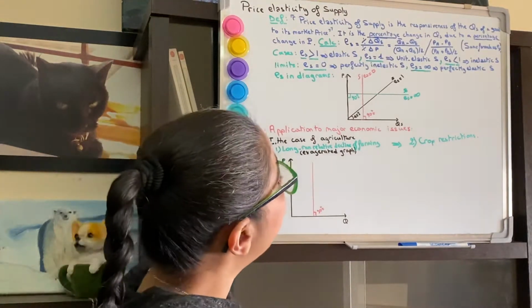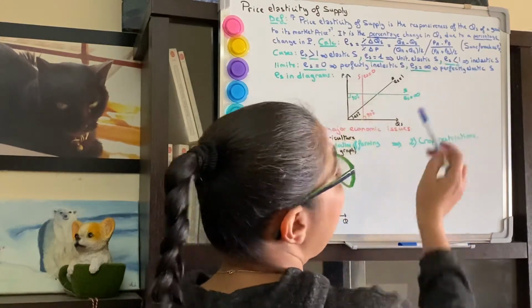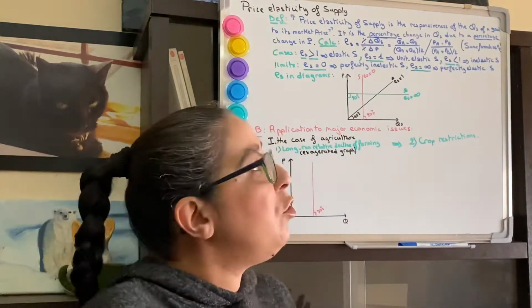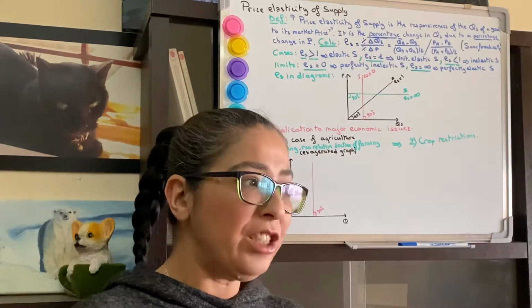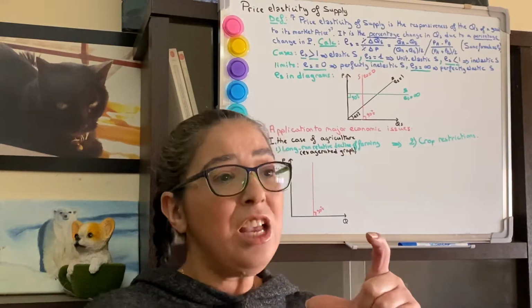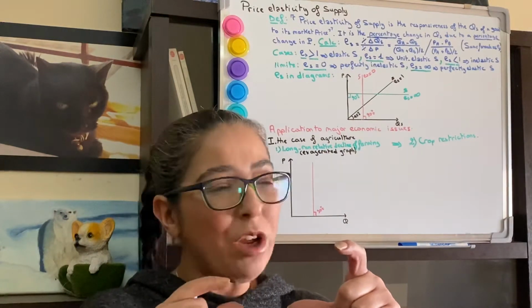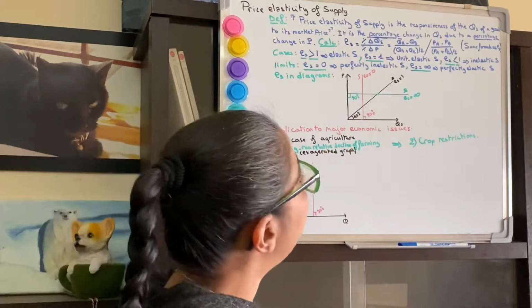And at last, if elasticity of supply is less than 1, and of course the minimum would be 0, it's called inelastic supply. That means the percentage change in price is bigger than the percentage change in quantity. The quantity doesn't change that much compared to the price.